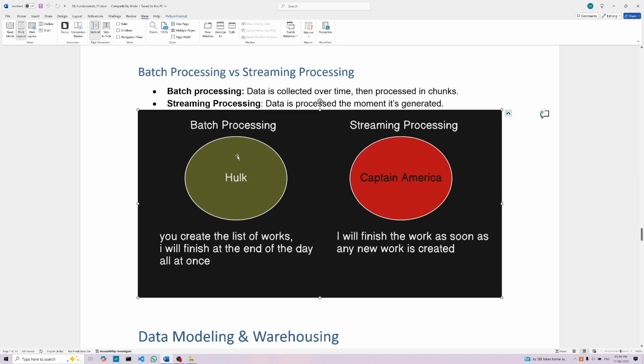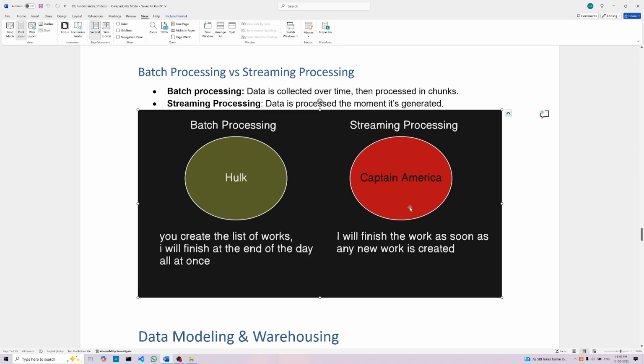He says, you just create the list of works, I will finish it at the end of the day, all at once. That is batch processing. Data is collected and then processed in chunks, all at once.